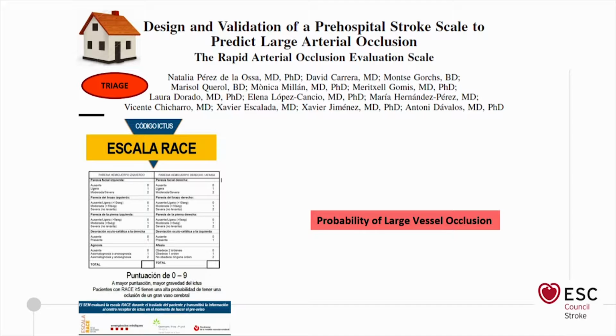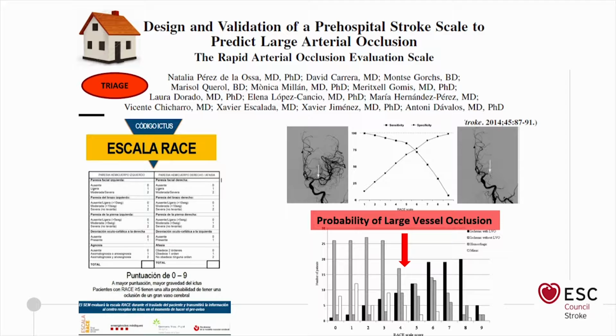There are several clinical pre-hospital scales that have been developed to try to identify those patients that will probably have a large vessel occlusion. I don't know if you are familiar with the NIH scale. That's the scale we neurologists use to examine the patients.